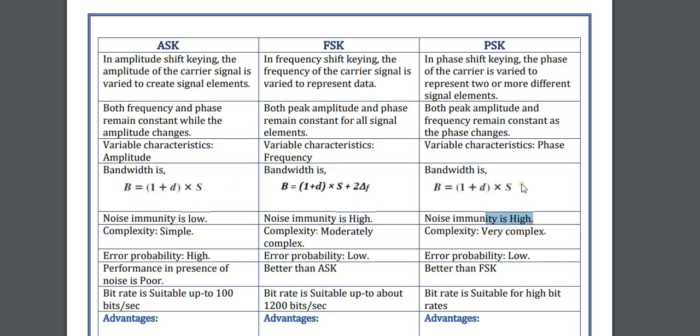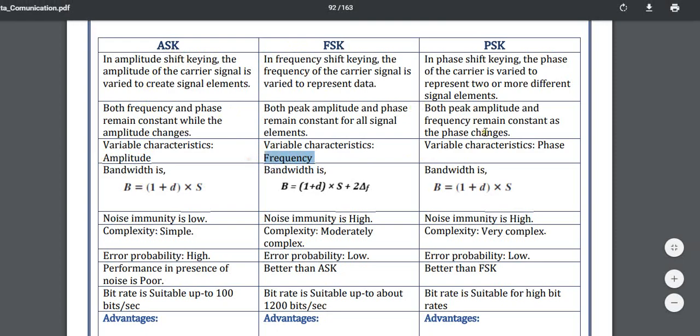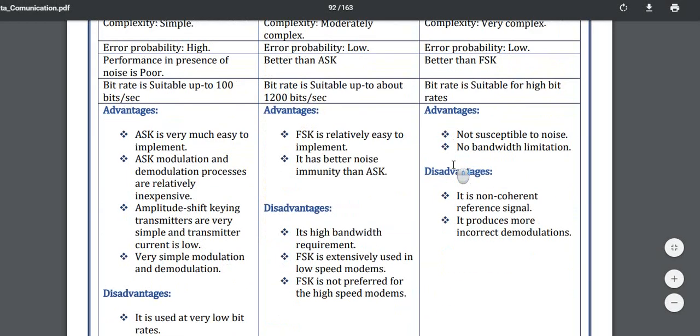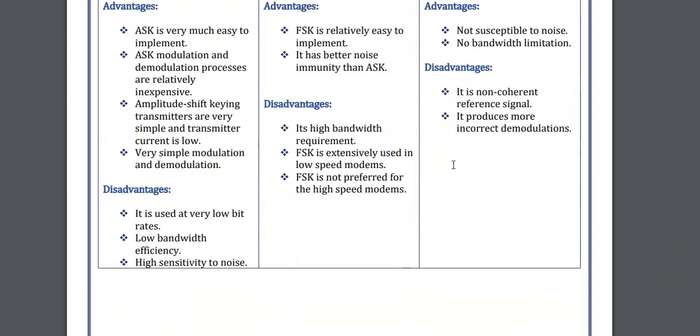There are differences between their formulas. ASK depends on the amplitude, FSK depends on the frequency, and PSK depends on the phase. The advantages and disadvantages are given here. You can go through them. These differences and advantages are very important from the exam question point of view, so you must take a snap of this.